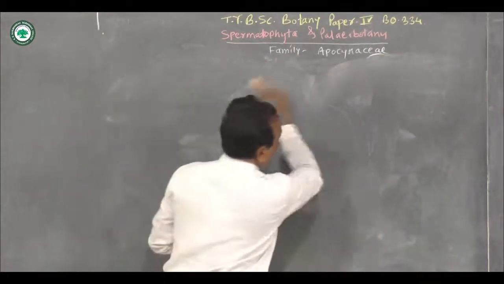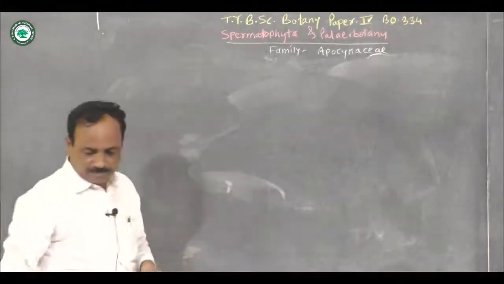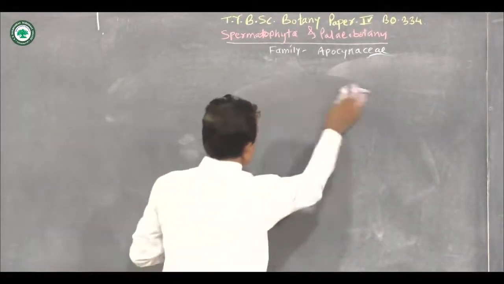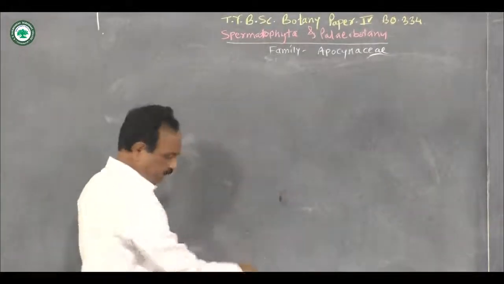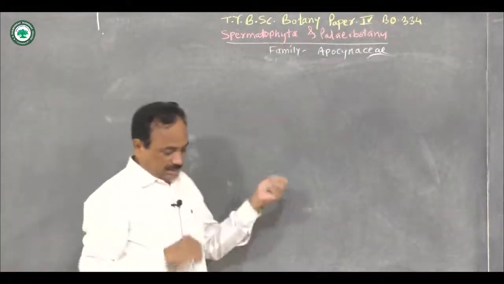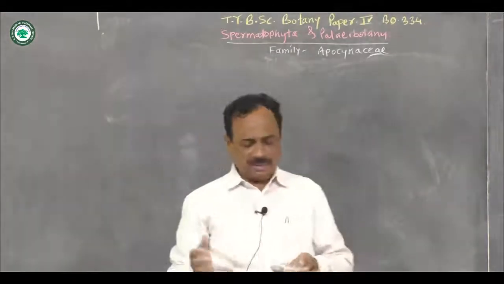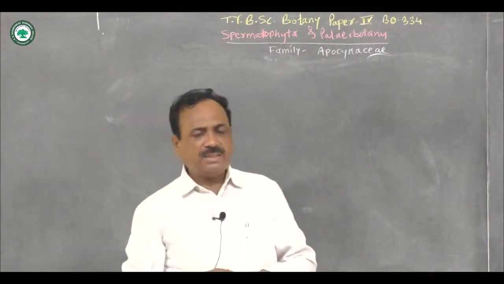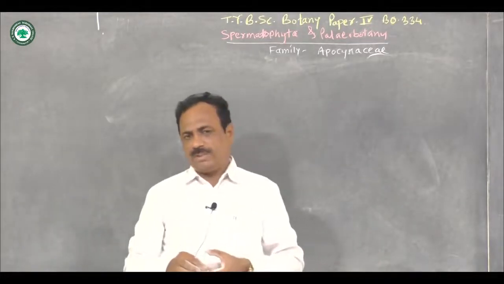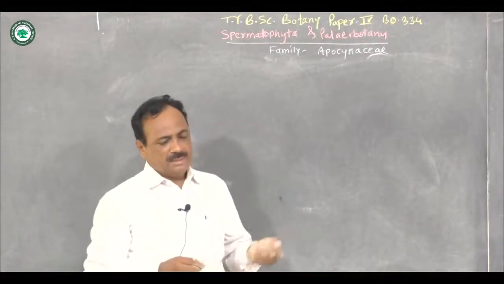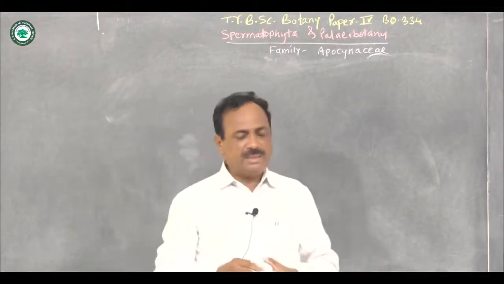Now, if we see the distinguishing characters of the family, it shows the presence of plants that are mostly herbs, shrubs, trees and climbers. Stem and leaves show the presence of milky latex.